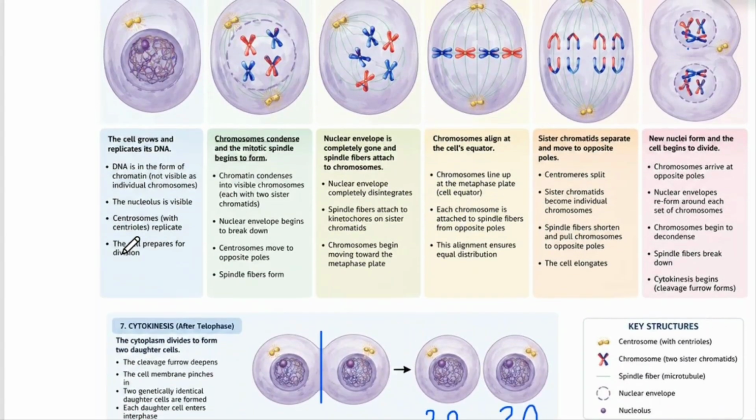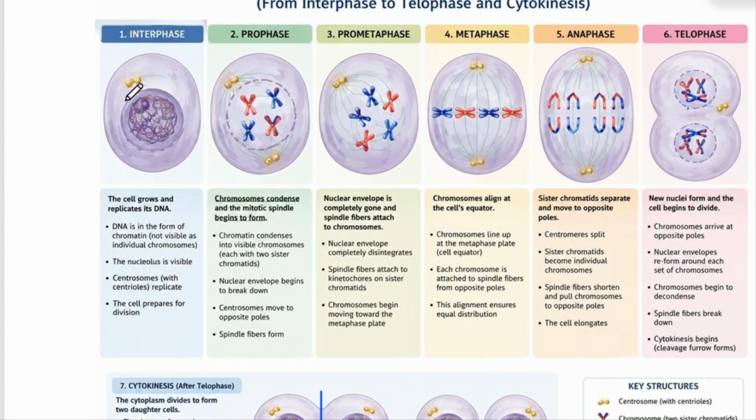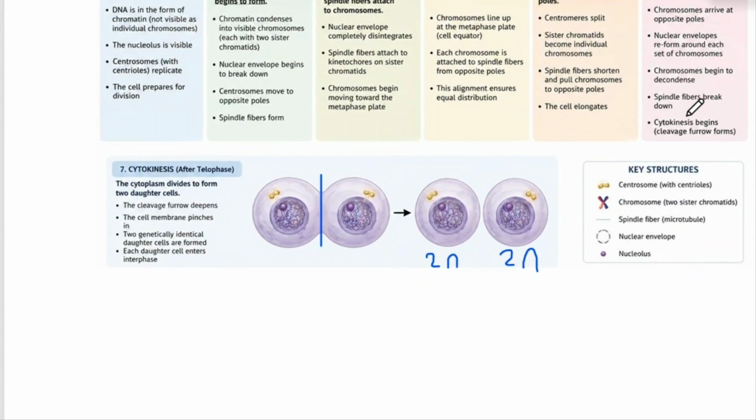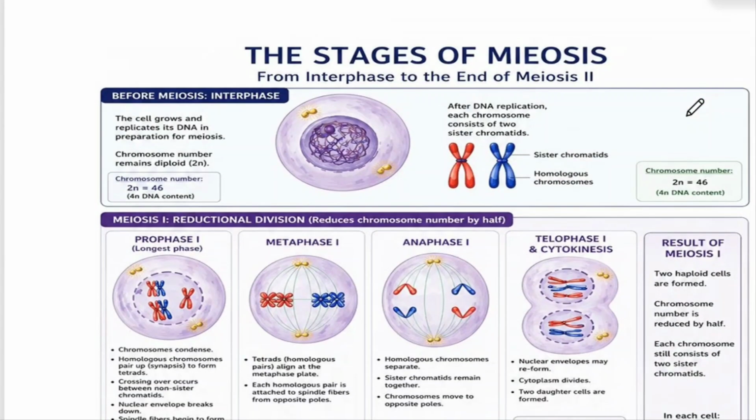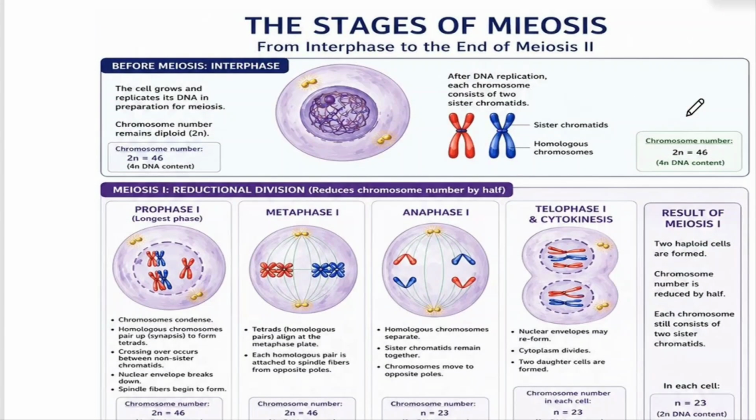In mitosis, it is still 46 chromosomes from interphase to telophase. But in meiosis, the number of chromosomes is reduced by half, from 46, 2n, to 23, n.